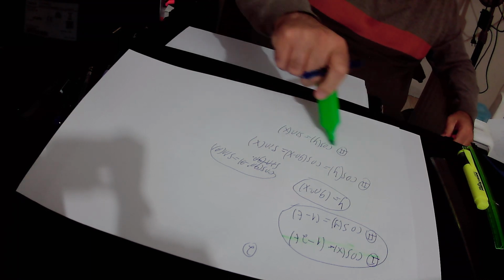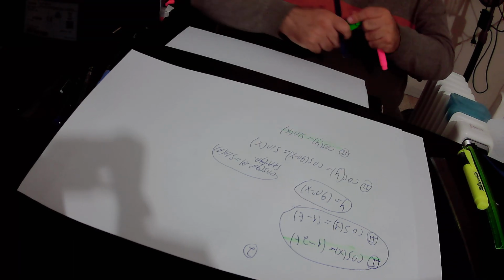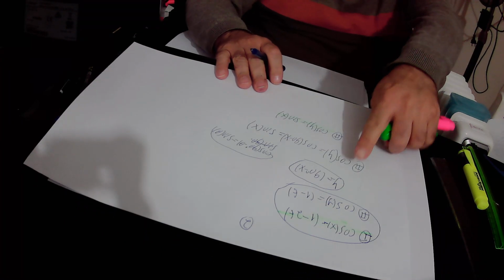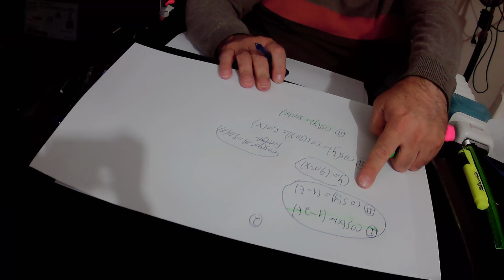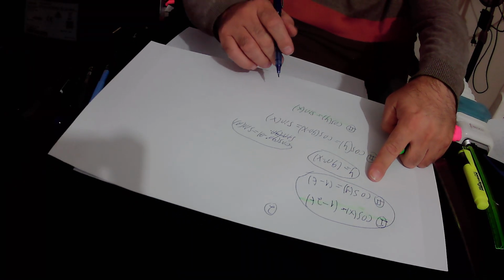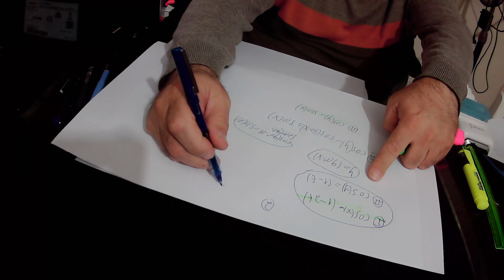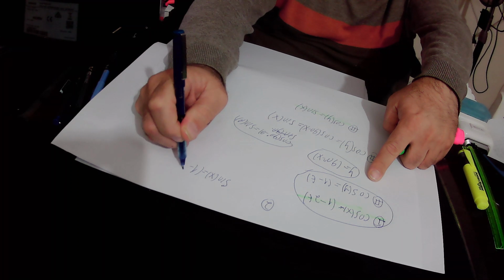Okay, so I can substitute cosine y in equation number 1 by sine x. We do it now and we get that cosine y is sine x, so sine x equals 1 minus t.